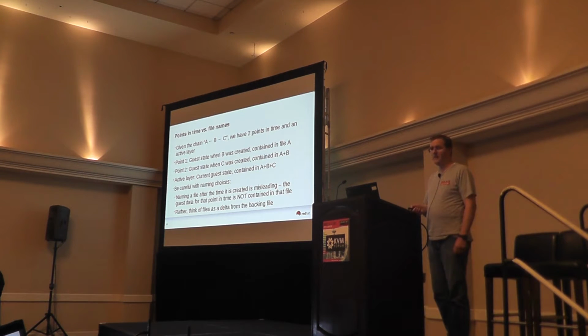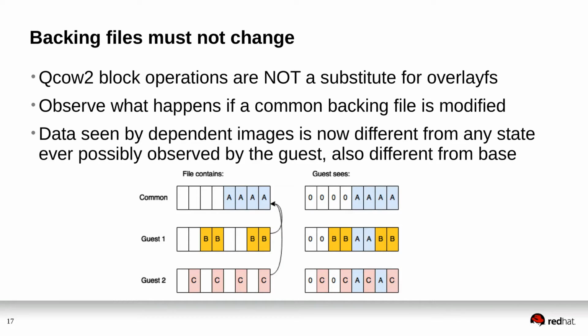So be careful how you name your files. If you use timestamps, be careful about what the times mean. If I name a file Tuesday, it doesn't mean that it contains the data as it was on Tuesday. It contains the changes since Tuesday. Read the backing chain to see what Tuesday had.